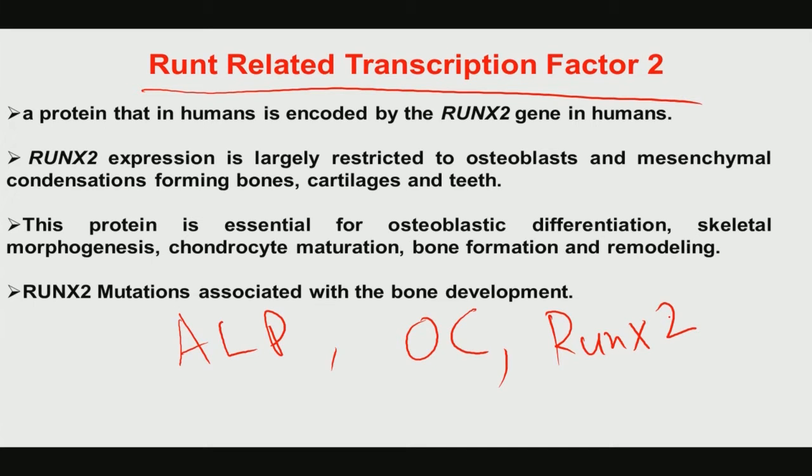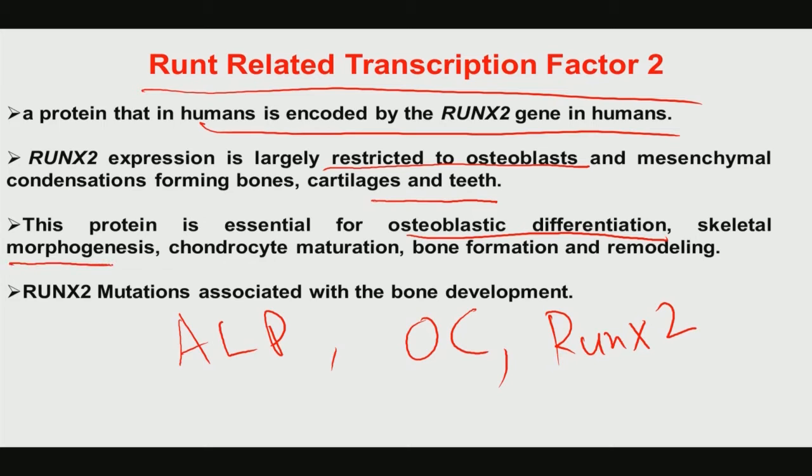This is a protein in humans, encoded by the RUNX2 gene, and this RUNX2 expression is largely restricted to osteoblasts. As you see, all these expressions are mostly related to specific cells like bone cells such as osteoblasts, and mesenchymal condensation, bones, cartilage and teeth. This protein is essential for osteoblastic differentiation, skeletal morphogenesis and chondrocyte maturation.